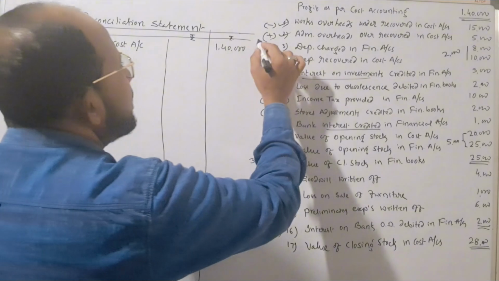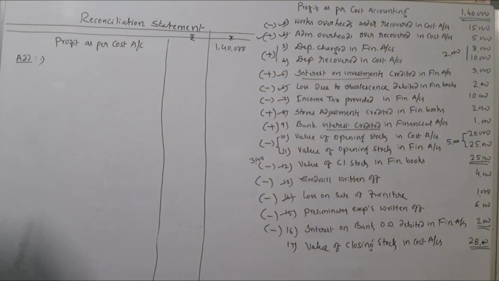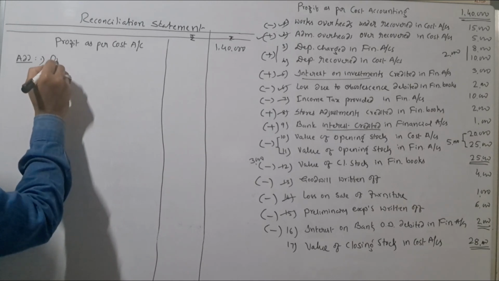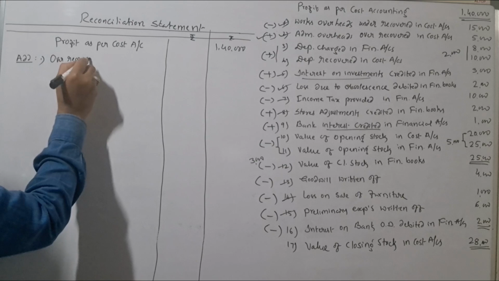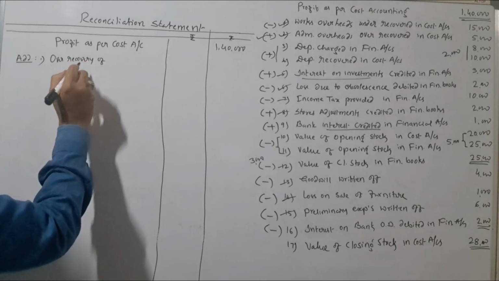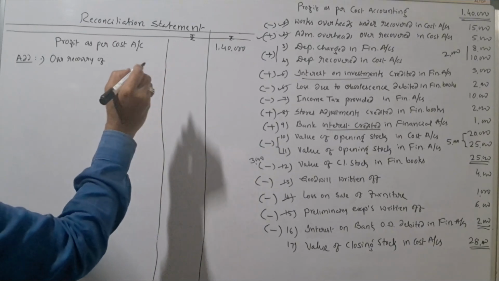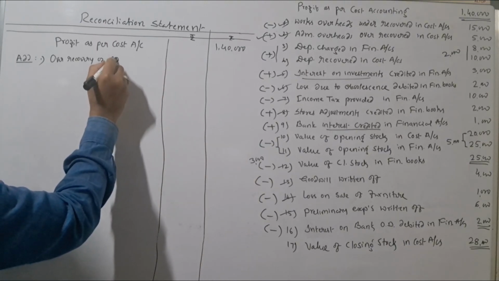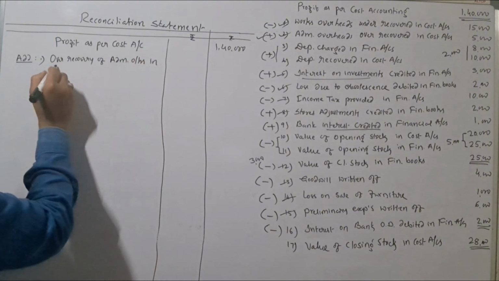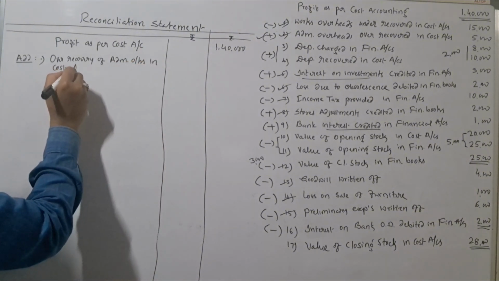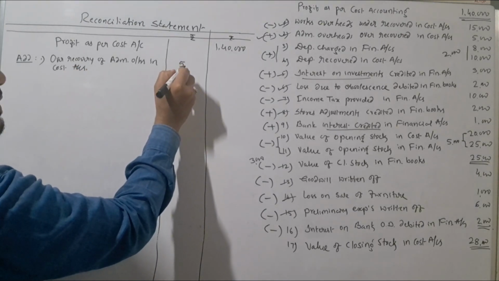Number one, administrative overheads over recovered. Here I am going to write over recovery of administrative overheads in cost accounts. In cost accounts, what is the amount? Rupees 5,000. Am I right?